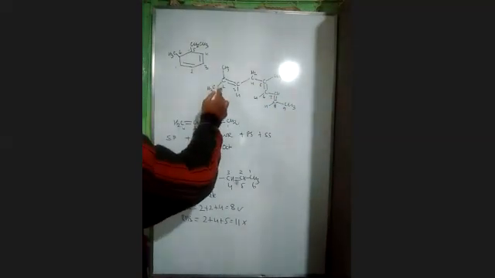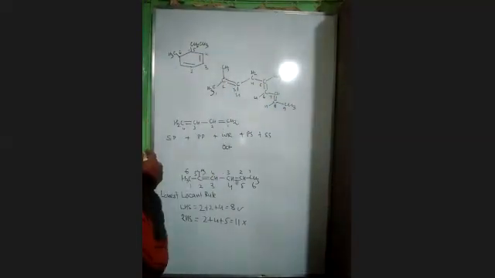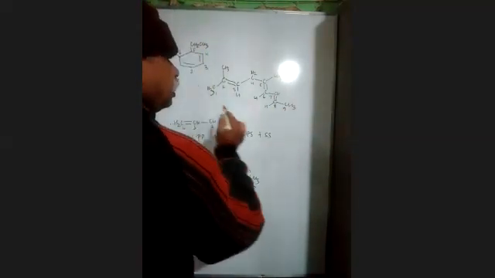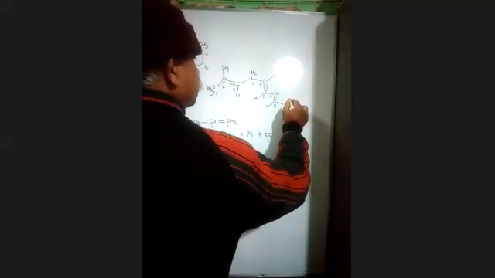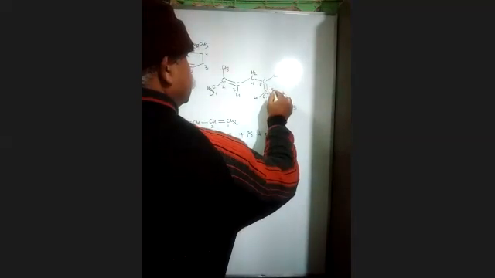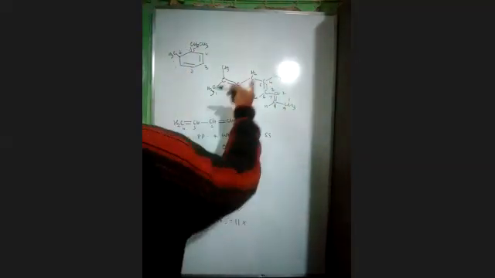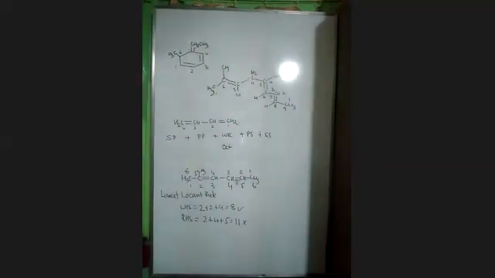So from here you find that on the second carbon the substitution starts. And now if I number it from here, 1, 2, 3, 4, what do you find? The substitution starts from the fourth carbon.